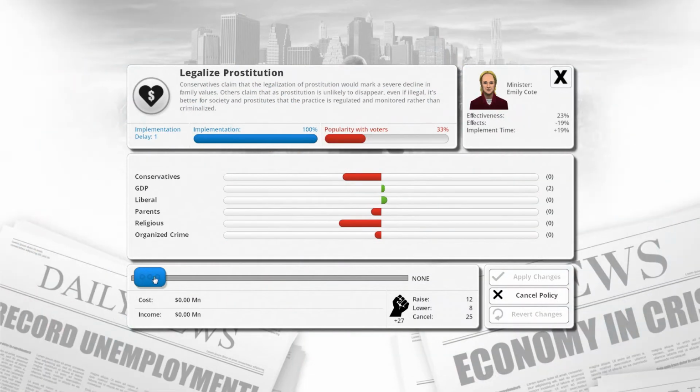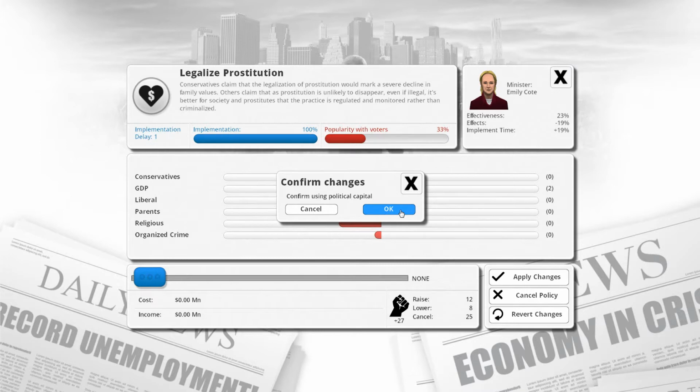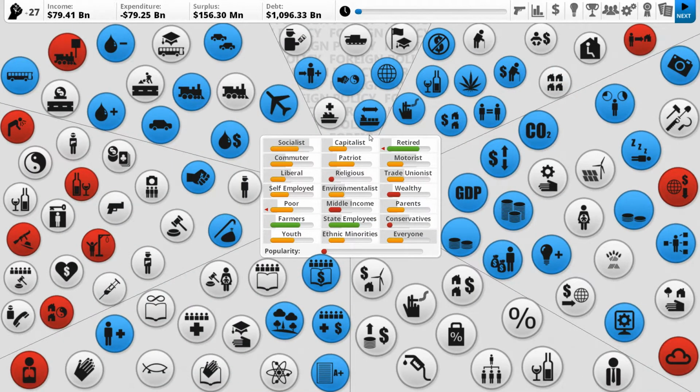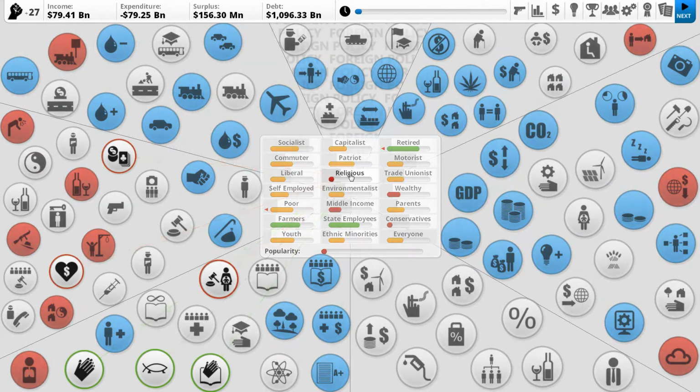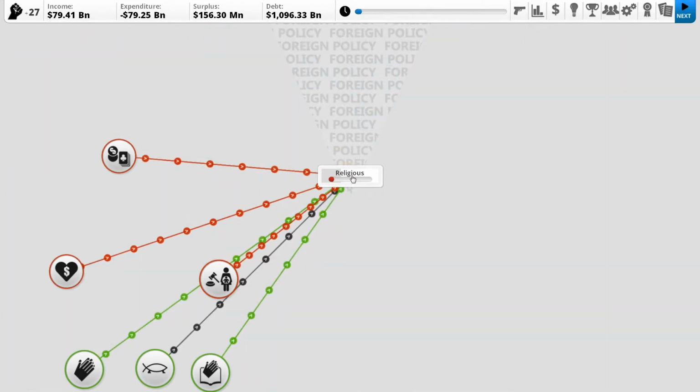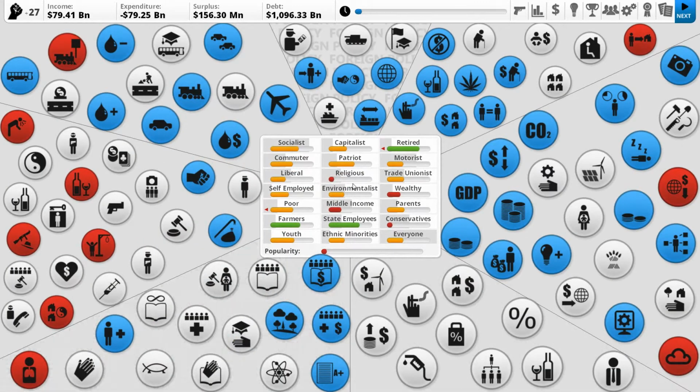I believe prostitution will also reduce organized crime, and the religious, though, it really pisses off conservatives. So let's not change that yet. We have, that's what, 40% religious population?